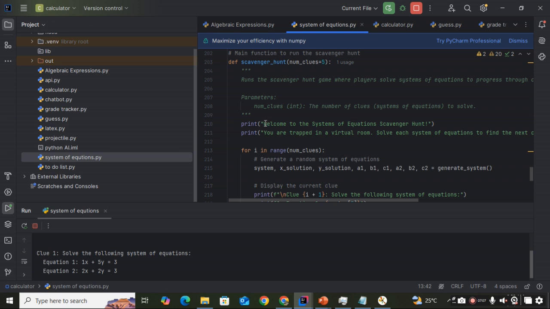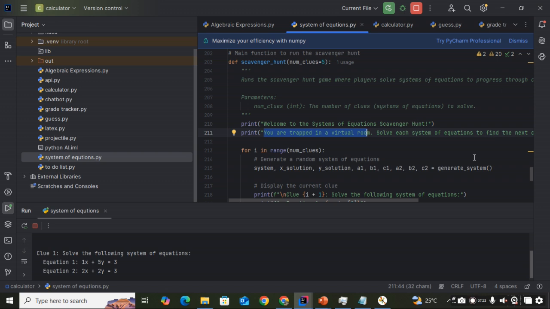Now in the main function, "Hey, welcome to the system of equations scavenger hunt." You have to print that, and then there's a line there that you are trapped in a virtual room. Solve each system of equations to find the next clue.